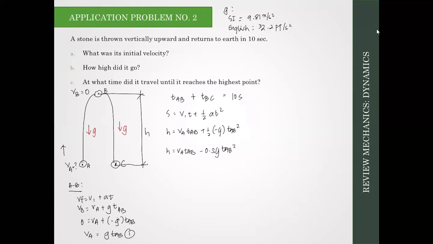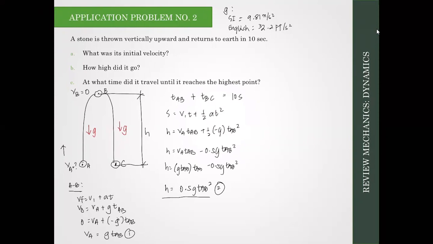And then anong pwede natin i-substitute? Si VA natin, nilagay natin GTAB, di ba? So H is equals to GTAB times TAB minus 0.5 G TAB squared. Pag simplify natin, this will be 0.5 G TAB squared. So we have our equation number 2.